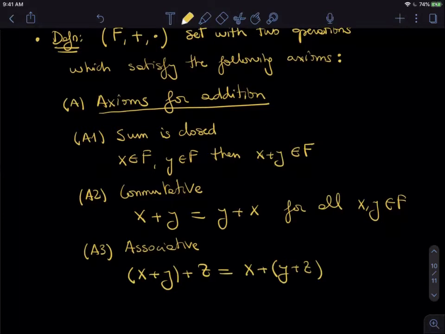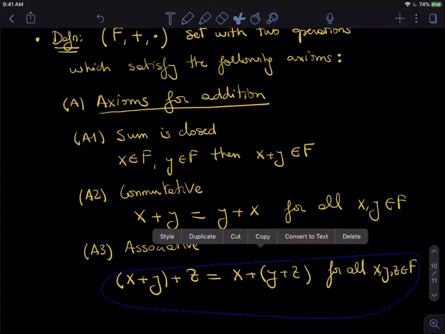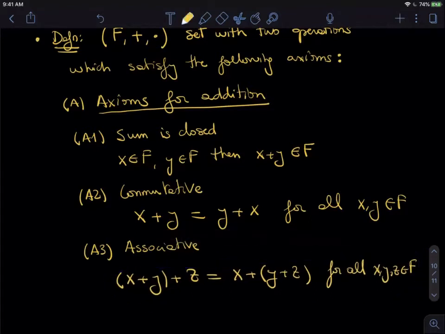So I can do first x plus y, or I can do first y plus z. And then when I add the third element, I'm going to get the same result. Okay, this is for all x, y, z in F. Okay, so that's the associative property.